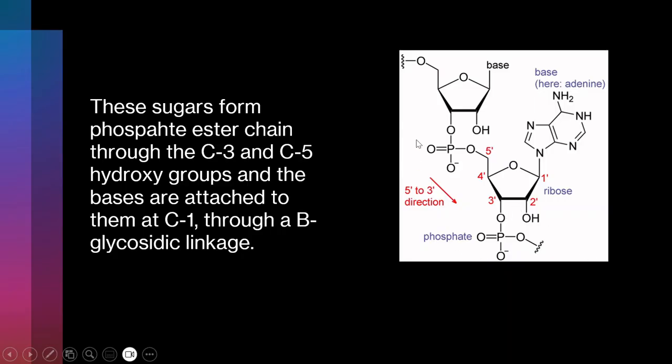So, here we are looking at the RNA, and this is the ribose. Ribose is characterized by the presence of an OH on the downside of the C2 carbon, and the C3 carbon contains a phosphate ester. The C5 carbon contains another phosphate ester, and the chain continues like that. The C1 carbon contains a nitrogenous base, which is adenine.